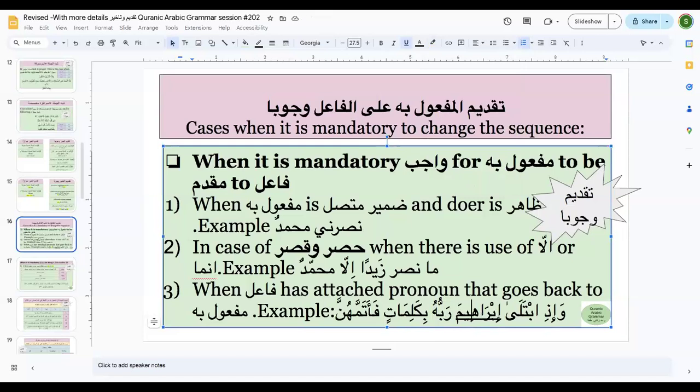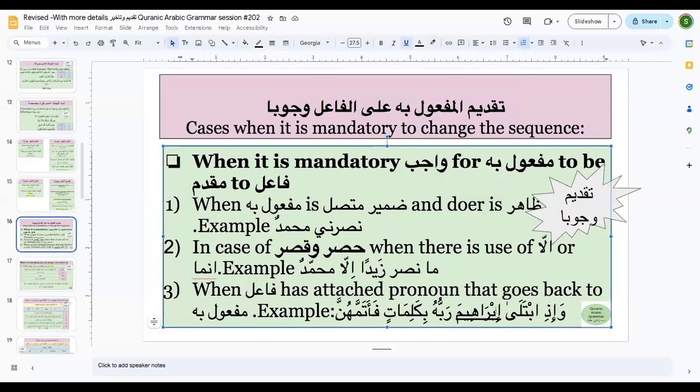So you have to have an ism first, and then you bring a pronoun that goes back to an ism. This is how you have learned everything should be. First you mention an ism, and I have been teaching you this is a common sense thing, and then you bring in a damir that goes back to an ism. Do you all agree?